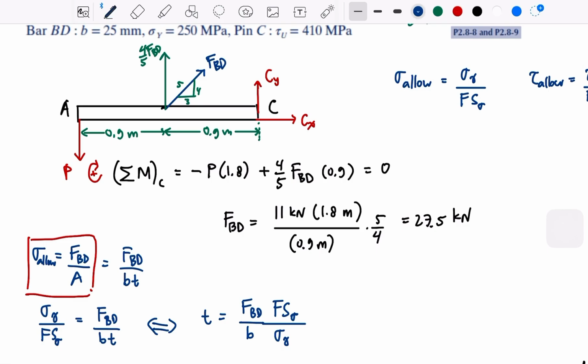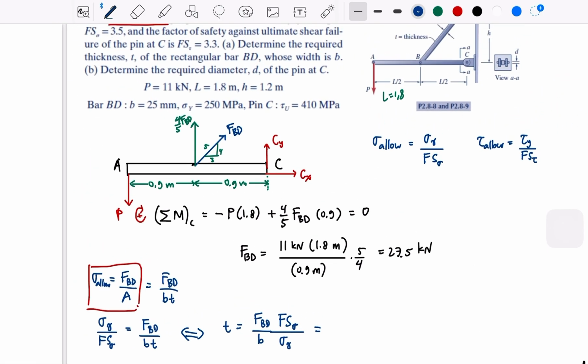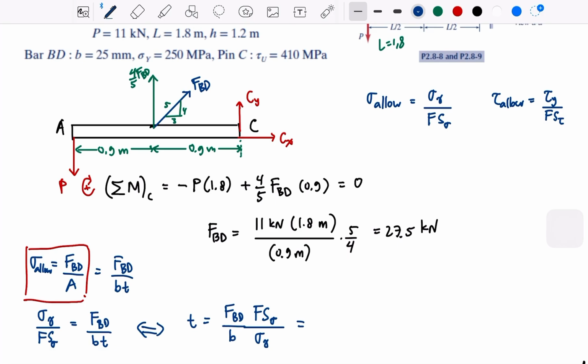So the safety factor is 3.5, so 27.5, 3.5, and then B is 25 millimeter. Oh, this is kilonewton, sorry. Kilonewton and 3.5.